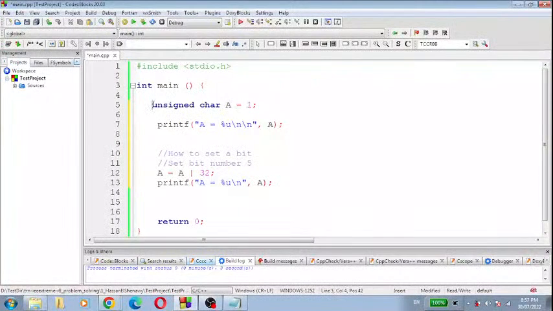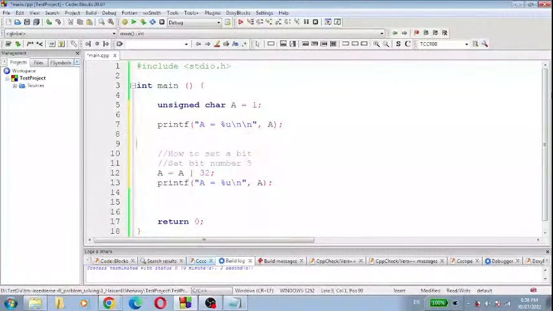I have here a variable that has 1 as its value, and now I'm going to print the value of this variable. Then I'm going to manipulate this variable. I'm going to make some manipulations and some masking on this variable. So let's see what this is about actually.